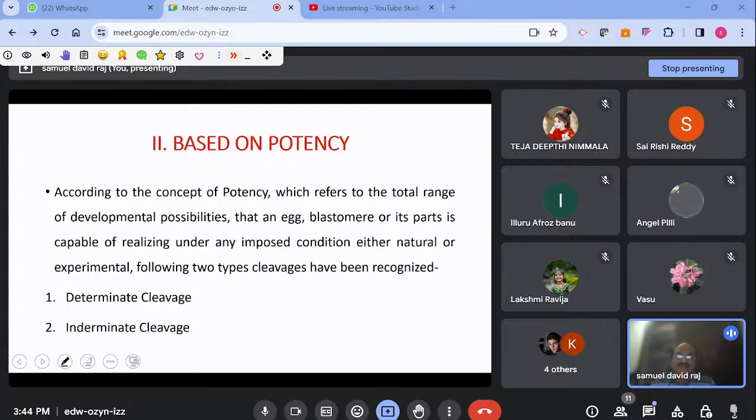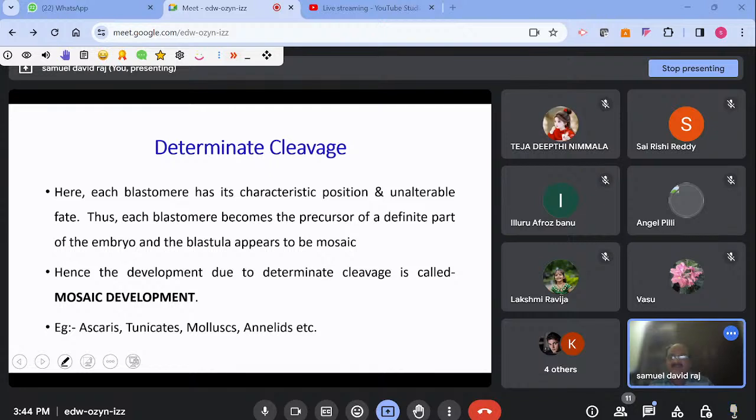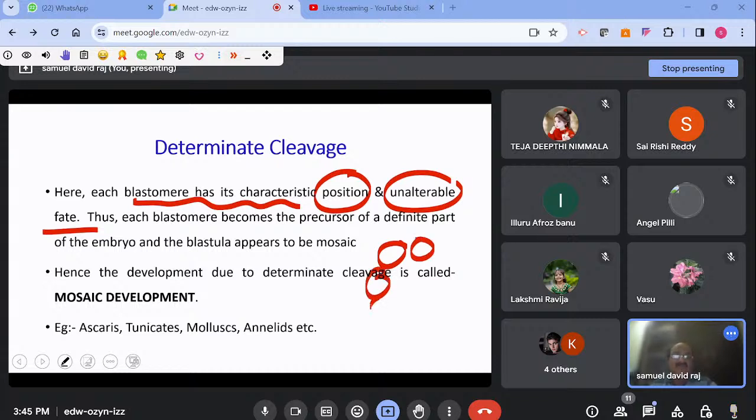And coming to the classification based on potency, that means the developmental ability of the egg, it is of two types: determinate cleavage and indeterminate cleavage. In determinate cleavage, each blastomere has its characteristic position and unalterable fate. So if this group of cells is going to form the body wall, it is going to form the body wall only.